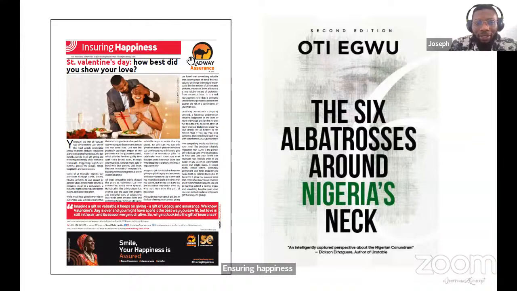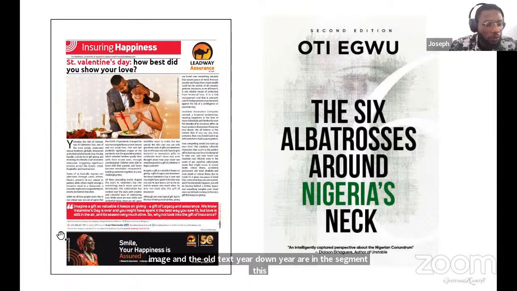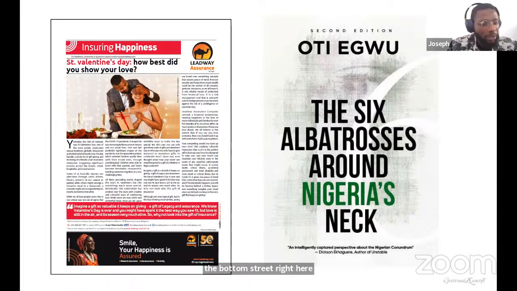St. Valentine's and the logo are in a segment. Then the image and the old text down here are in a segment. This bottom strip right here is also a segment. So another thing is, for each segment, you could decide the alignments to use.